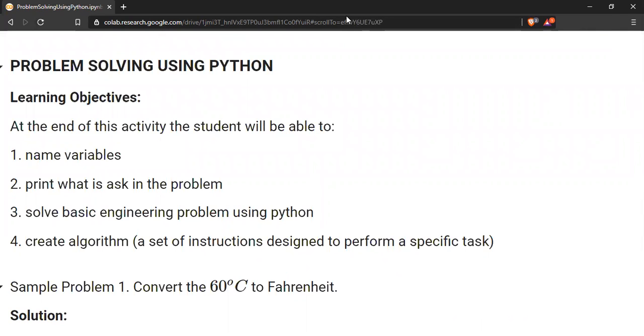I'm sure you are all responsible enough to solve and practice problem solving. Take note, programming is a skill, and that skill should be improved by practicing. Do not copy, paste, and replace variables.